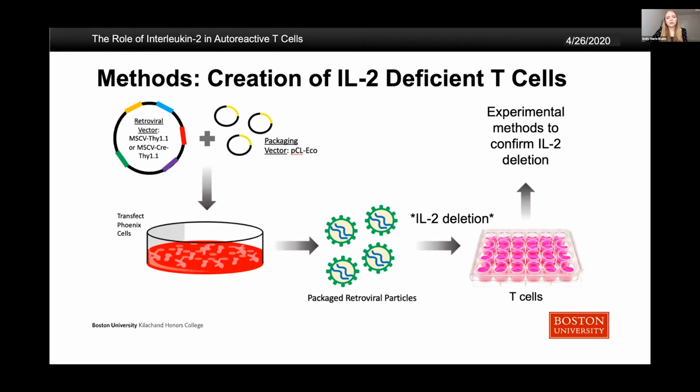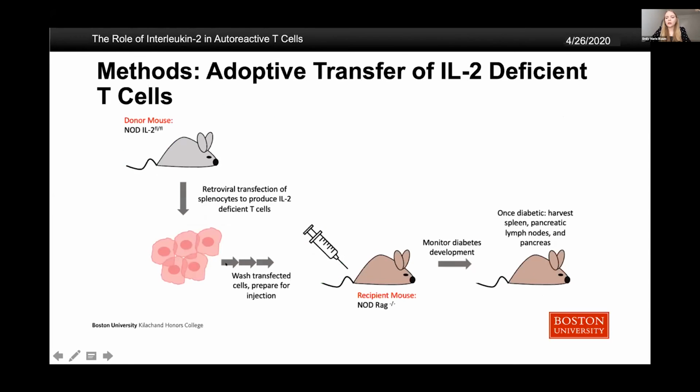So in order to create these IL-2 deficient T cells, I have to use what's called a retroviral transfection protocol. And the way that this works is that a retroviral vector, which contains the viral DNA, is combined with a packaging vector. And this is used to transfect Phoenix cells, which are a special cell line that produces a large amount of packaged retroviral particles into their media.